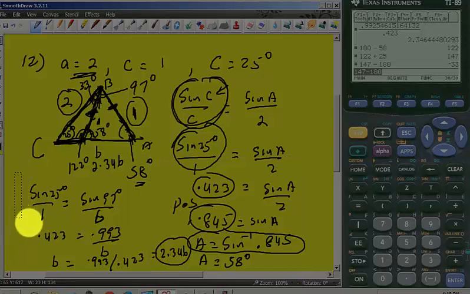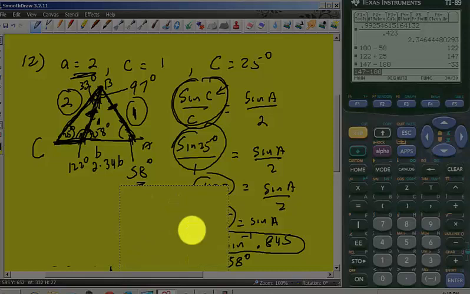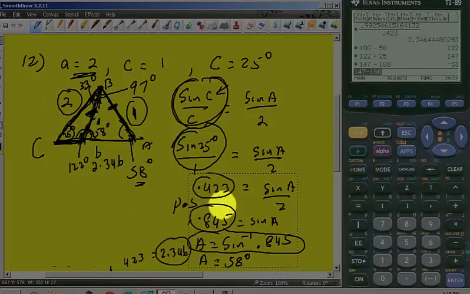So I am solving for the smaller triangle now, and because there's a possibility I have two triangles, there are two triangles in this situation. So let's go ahead and solve for that.